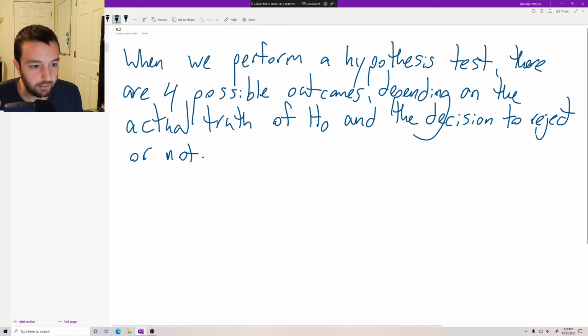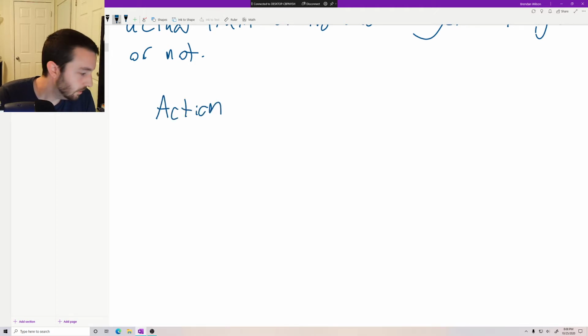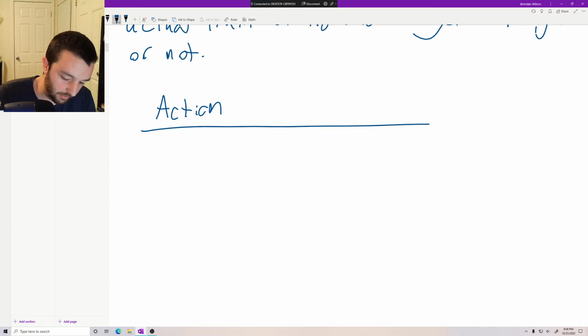Sorry, my computer's starting to lag a little bit now. So let's look at a table of what we mean by this. We have our action, meaning our decision. I think it'd be better just to call that decision. The book calls it action, but I don't know why.